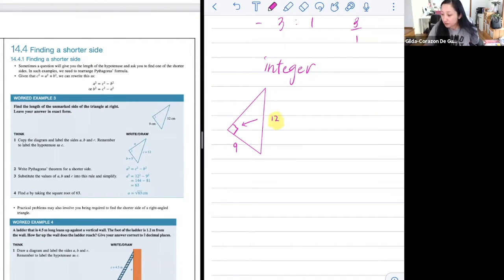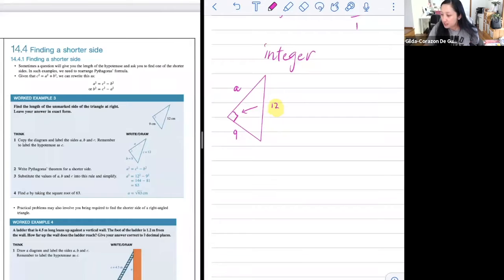Now we've got one short side. Let's just call it A. We can call it B. It doesn't matter, A and B can swap, right? But we need to establish what C is, because there's only one C in our right angled triangle.